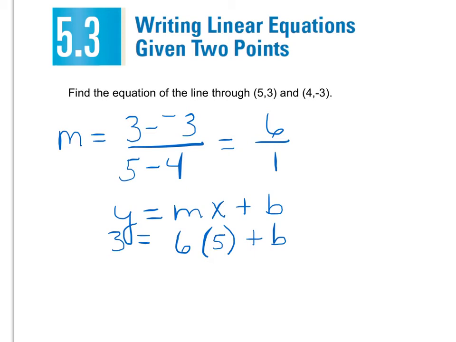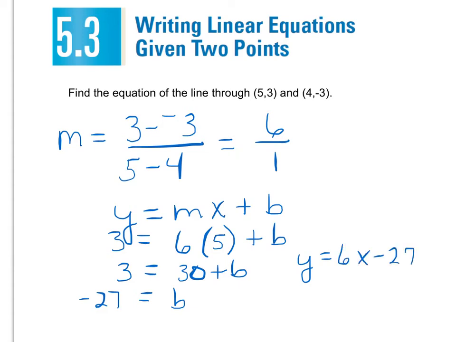So we get 30 plus b is equal to 3. So if we subtract 30 from both sides, we get b is equal to negative 27. So the equation of this particular line is y is equal to 6x minus 27.